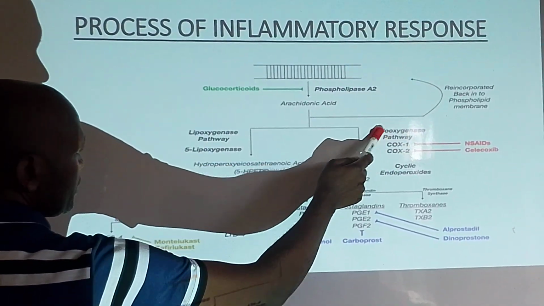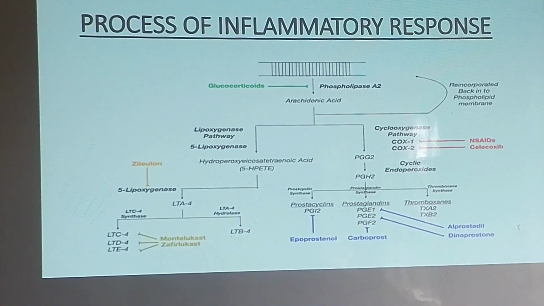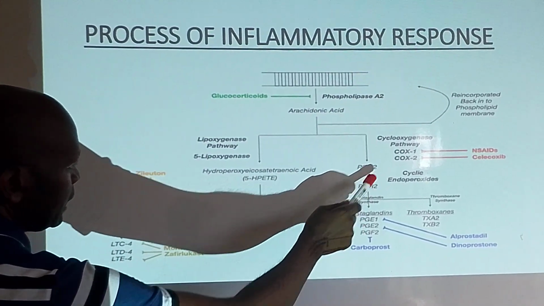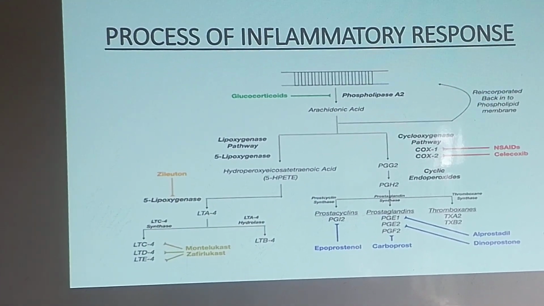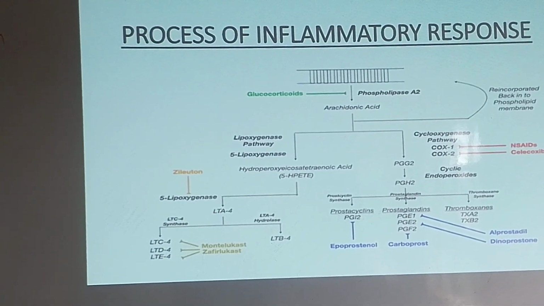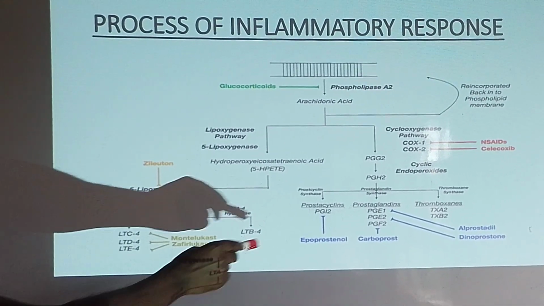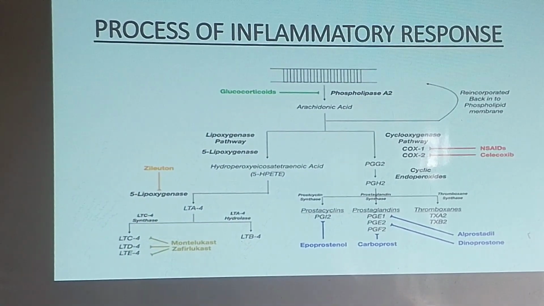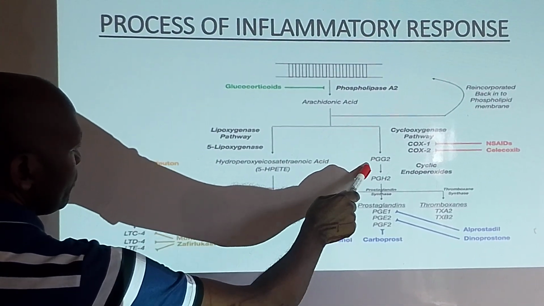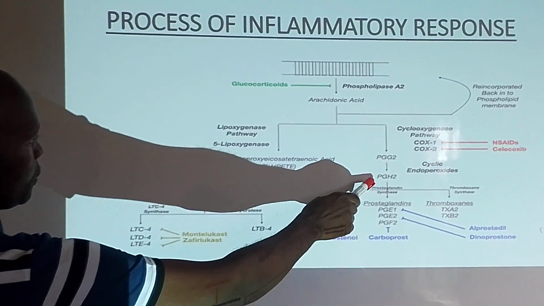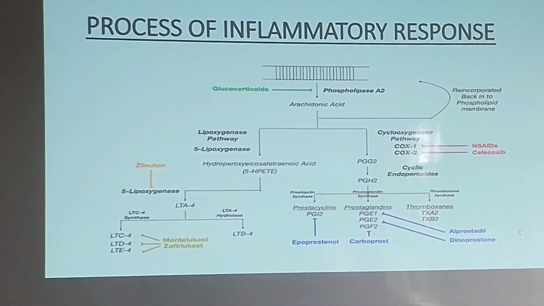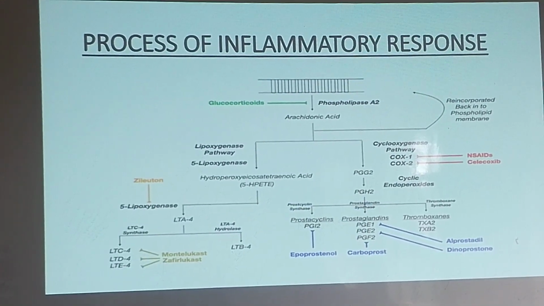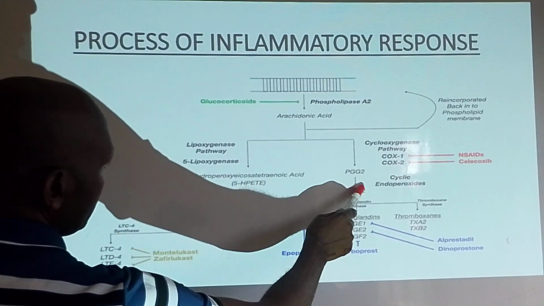So these enzymes, COX1 and COX2, convert arachidonic acid into prostaglandin G2, what we are referring to as PGG2. And then from there, another enzyme called cyclic endoperoxidase converts prostaglandin G2 to prostaglandin H2. At this point, there are three enzymes.